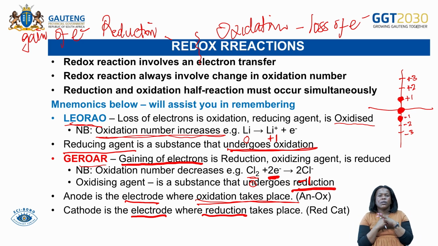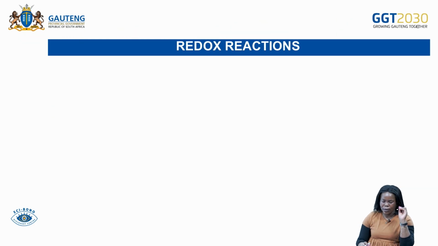So if you're talking in terms of the loss of electrons, you have to see the increase in the oxidation number. When you're talking in terms of the gaining of electrons, which is reduction, you have to see the decrease of the oxidation number. Specifically on this part, we're trying to establish where these reactions, we know they happen simultaneously, but where do they take place? This one happens on an anode, the other one happens where? On the cathode.